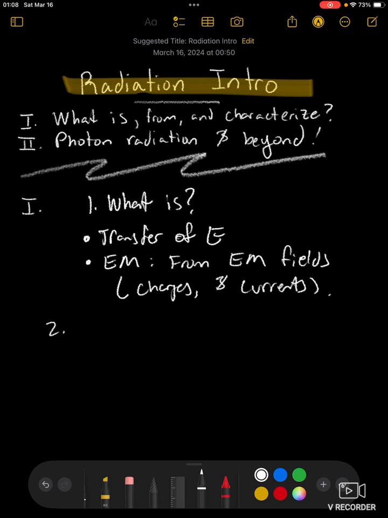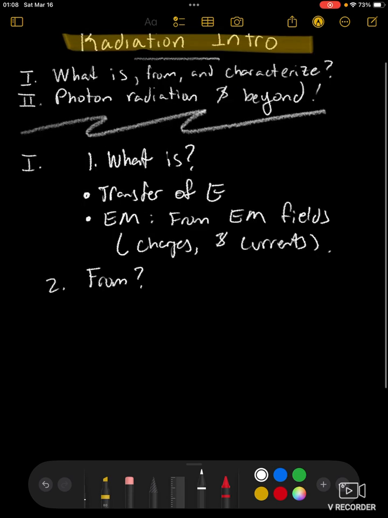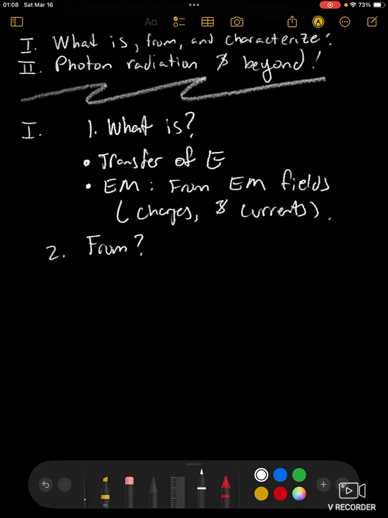Okay, but where does radiation come from? Well, it comes from any change in E of a system.